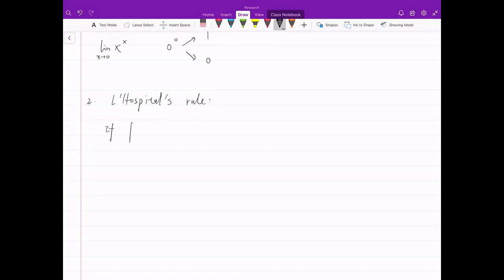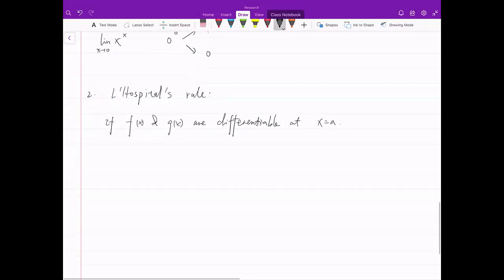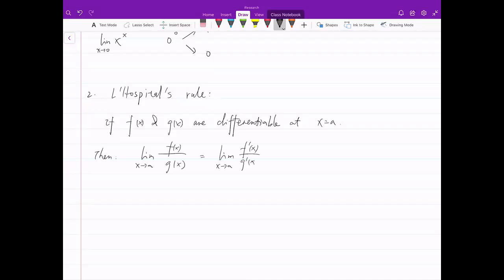If f(x) and g(x) are differentiable at x equals a, then the limit as x goes to a of f(x) over g(x) equals the limit as x goes to a of f prime(x) over g prime(x).